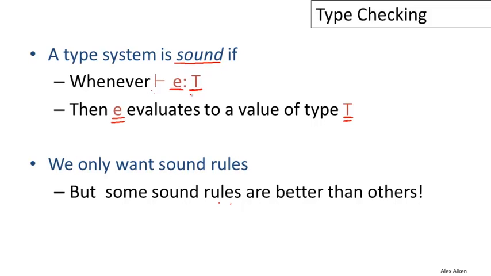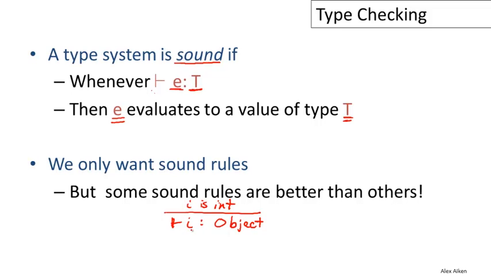Now clearly we only want sound rules, but some sound rules are actually quite a bit better than others. For example, if I have an integer literal I and I want to give it a type, I showed you the best possible rule before, where we said that I has type int. But it would also be correct, just not very precise, to say that I has type object.